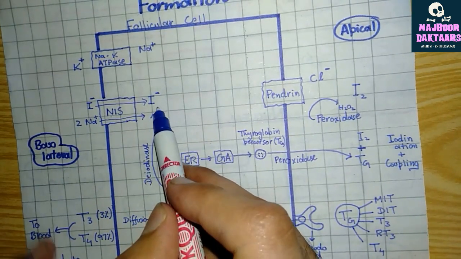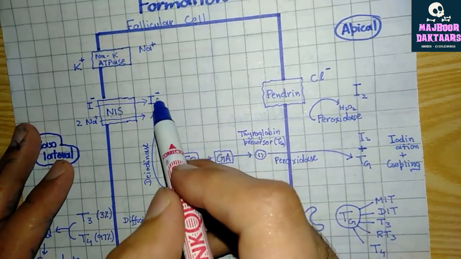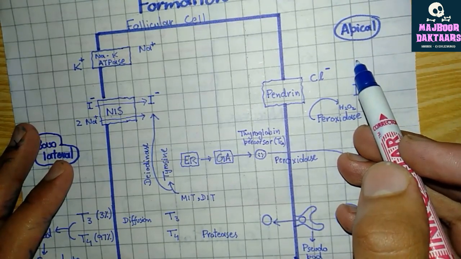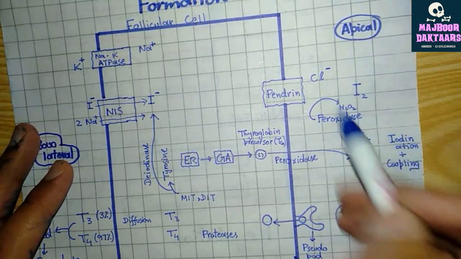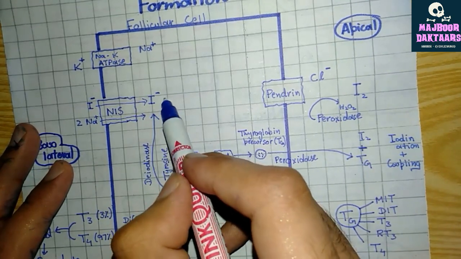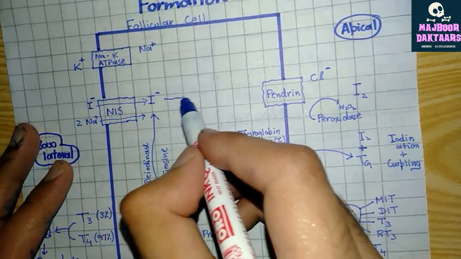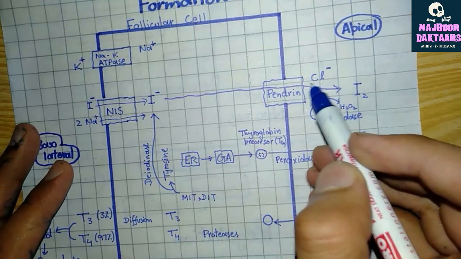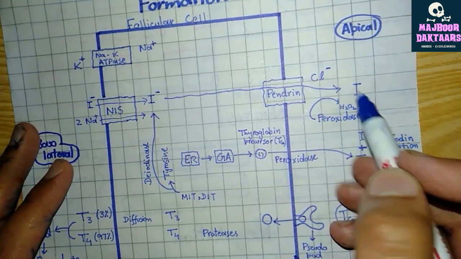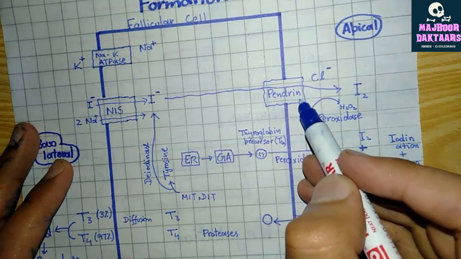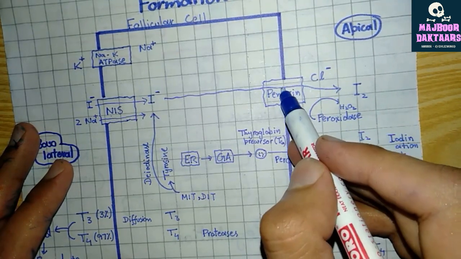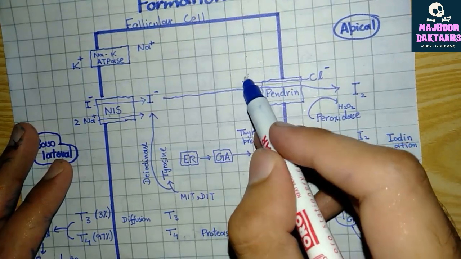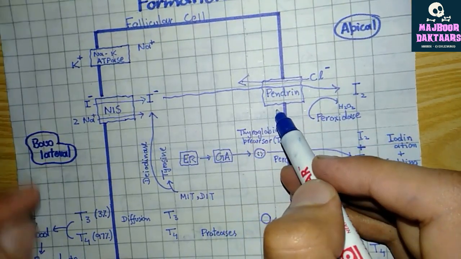So, this iodide is then transferred to the apical surface of the follicular cell, which is the colloidal area, via a transporter called pendrin. Now, pendrin is an iodide chloride antiporter, meaning that it moves the iodide into the colloid and the chloride in the opposite direction.